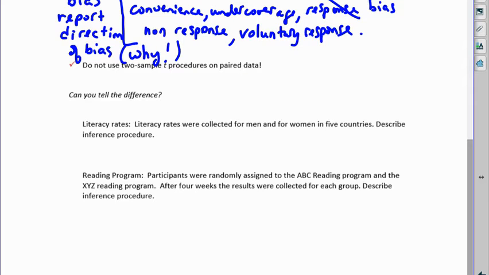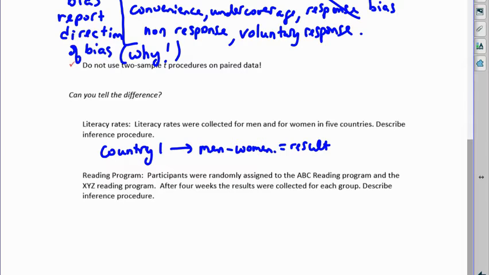So here's an example. Literacy rates were collected for men and women in 5 countries. Describe your inference procedure. In this situation, you would have country 1, for example, and you would go men minus women, and that would give you a result.